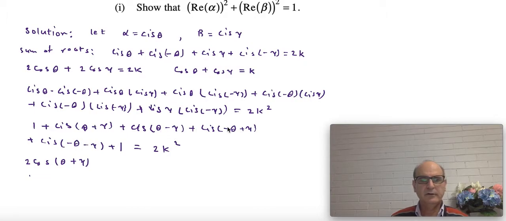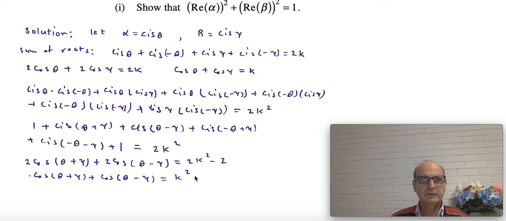Similarly, these two are conjugates of each other, so we are going to have 2 times the real part of them. And this 1 and 1 is 2, we take it to the other side, we get 2k squared minus 2. And dividing both sides by 2, we get cos(theta plus gamma) plus cos(theta minus gamma) equal to k squared minus 1.